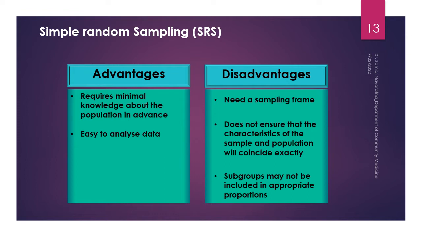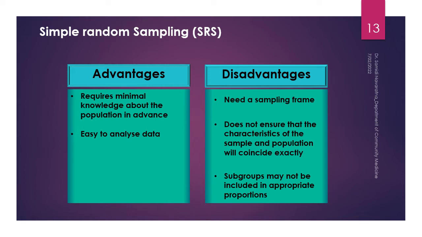It does not ensure that the characteristics of the sample and population will coincide exactly, because even though you are using a random method, due to chance, there can be problems. So subgroups may not be included in appropriate proportions. When you are picking randomly, there's a chance.